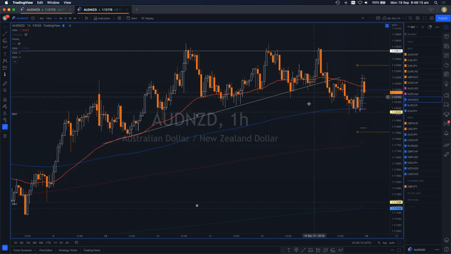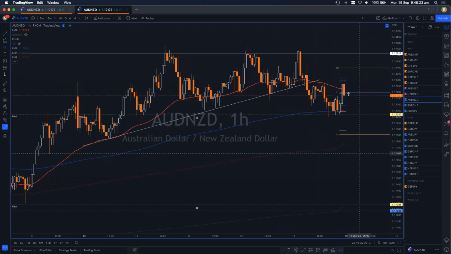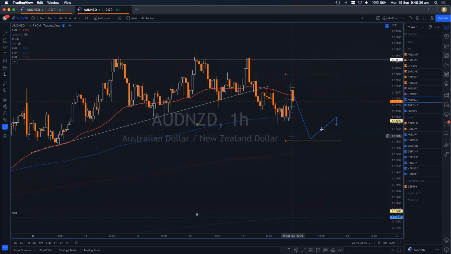But I'm looking for a break of the 4-hour 50. We've had that play to the 4-hour 50, and I'm waiting for a break of it, maybe later today. So if we did something like that, that could be a possible trade.